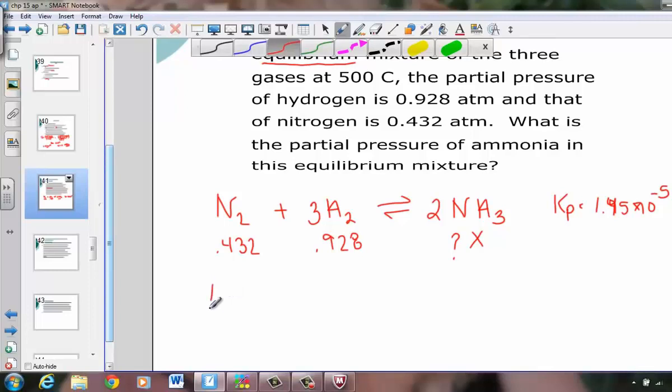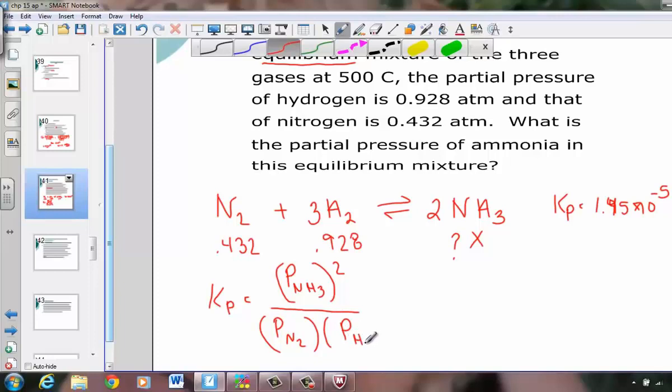Kp is an expression that can be calculated by using the partial pressure of ammonia, NH3, and of course that needs to be squared due to its coefficient, set over the partial pressure of molecular nitrogen times the partial pressure of molecular hydrogen cubed. Here are the variables that we know.